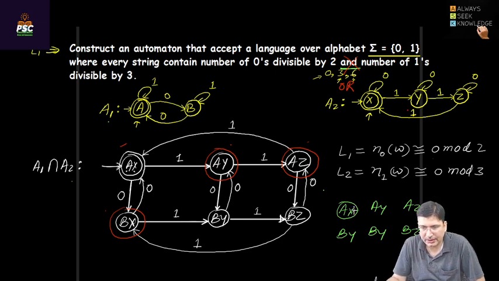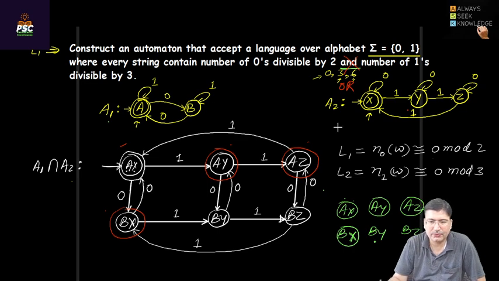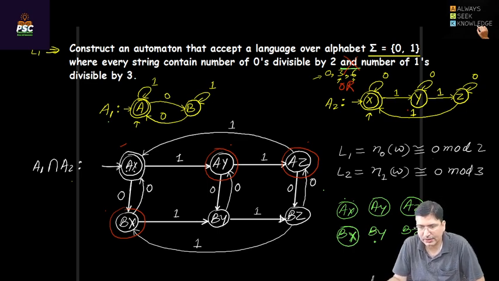So AX will become final because A is final and X is also final in this automata. AY will also be final because A is final, Y is non-final, that's okay. AZ will also be final. BY and BZ will not be final because B is non-final, and Y and Z are both non-final. BX will become final because X is the final state, but B is not. So this is related to union.